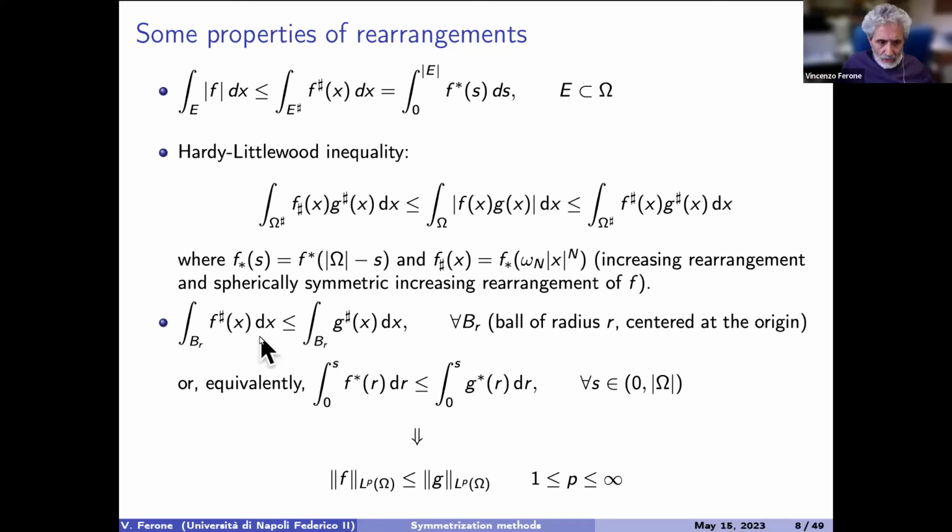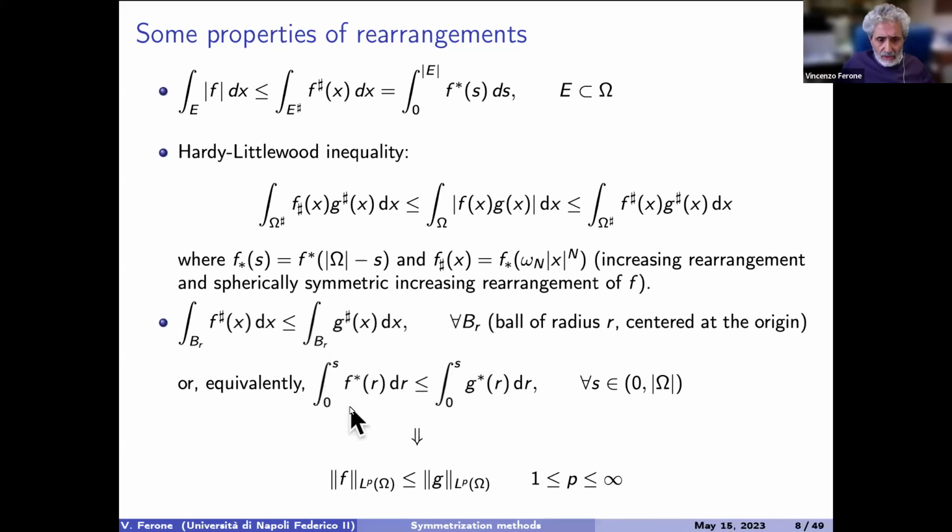Now there is another way to estimate, which is not pointwise as in this case. It says that if I know that the integral on a ball centered at the origin of F sharp is less than or equal to the integral of G sharp, this kind of inequality I will call a concentration comparison between F sharp and G sharp. This holds for every ball B_R, or equivalently, it can be written in terms of the rearrangement, not the spherical one, of F star and G star.